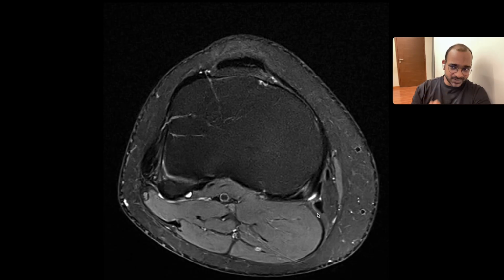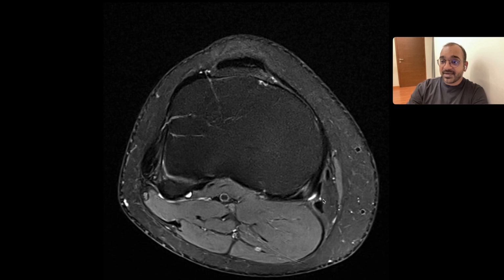sartorius, gracilis, semitendinosus. Why? Because if you see sartorius, it starts from the anterior superior iliac spine and gets inserted here anteriorly. So this is from the anterior superior iliac spine, which is the extreme anterior part of the ilium. Then we have gracilis, which starts from the body of pubis, which is almost like the midpoint of the pelvis.